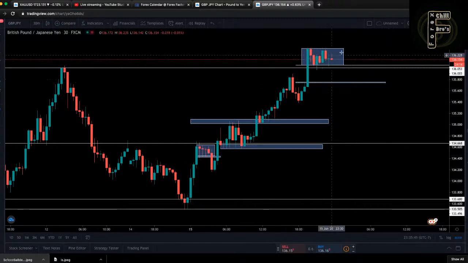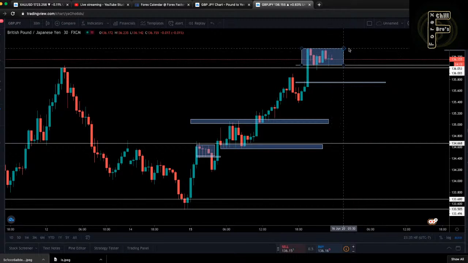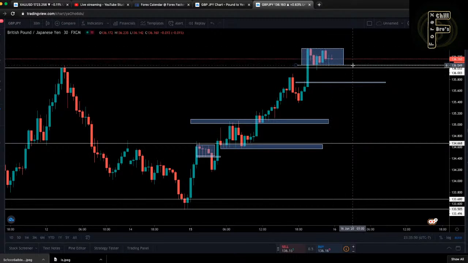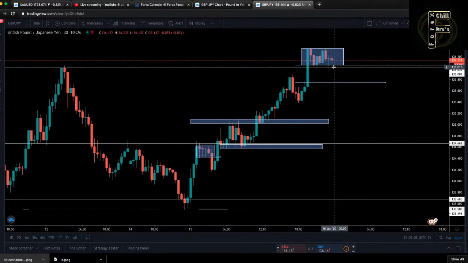Like I said, I'm looking for buys above this resistance. Then I'm looking for sells below this support. This is the support that was formed. If you look to the right, this is just a wick. You need to see the candle actually closing below, then take a trade. So right now we're just in a range. You just leave it and let it do its thing.